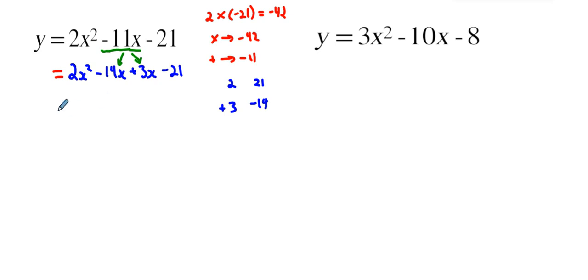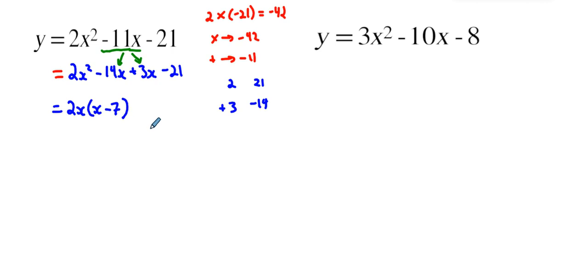Now the next step is to take a look at the first two terms and common factor everything we can out, x included. In the first two terms, I can common factor out 2x. That leaves me with x behind, because 2x times x is 2x squared, and it leaves me with negative 7, since 2x times negative 7 is negative 14.